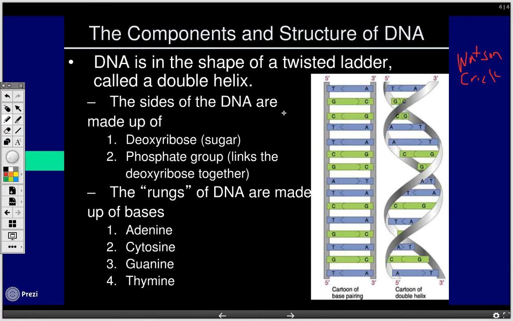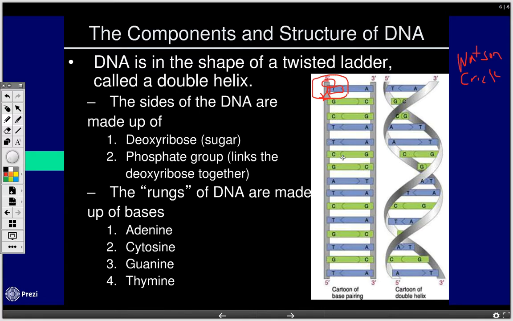The sides of this ladder are made up of that deoxyribose sugar and that phosphate group. Here would be a circle up at the top, which is our phosphate group. Just beneath it, still on the side of this ladder, would be a small molecule of sugar. And then lastly, our base, which is sitting right there.